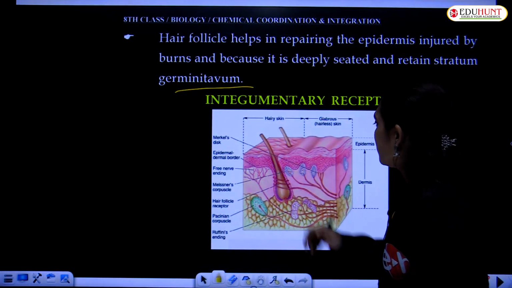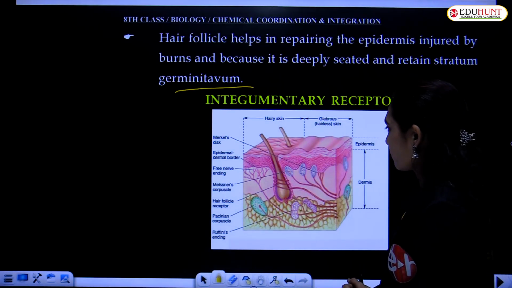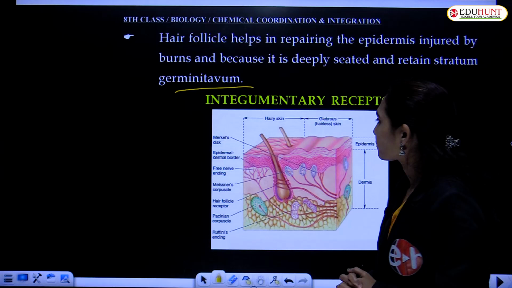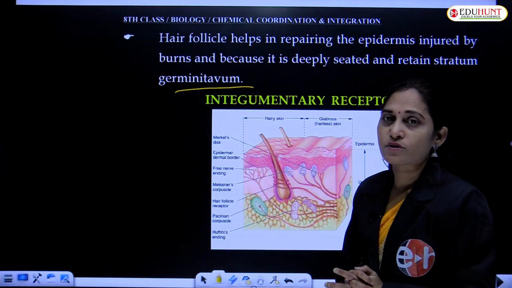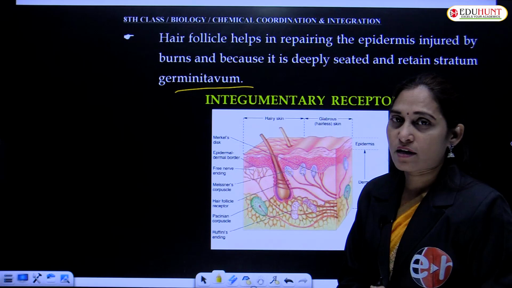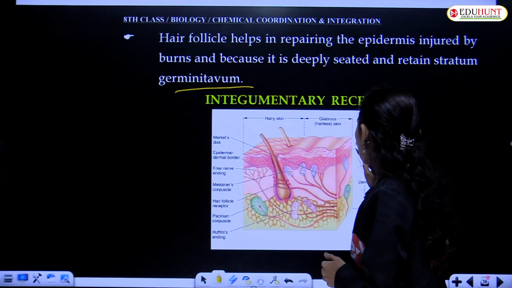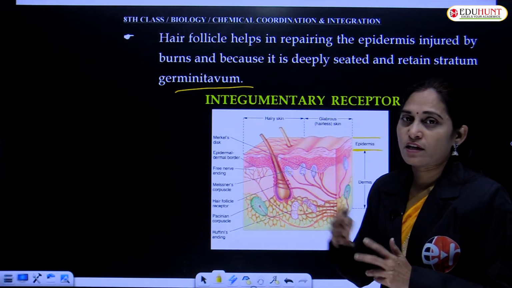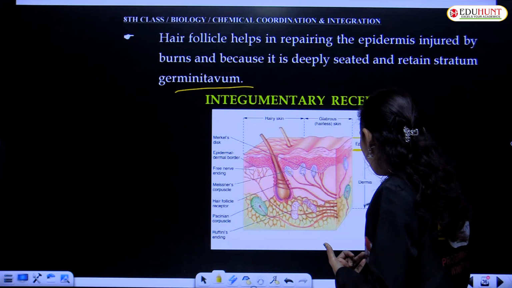If you see the section of a skin, entire integumentary system, you can see the integumentary system possesses various receptors that will be discussed later. And this is the epidermis. As we have seen, this epidermis is made up of 5 layers, and this is the dermis.